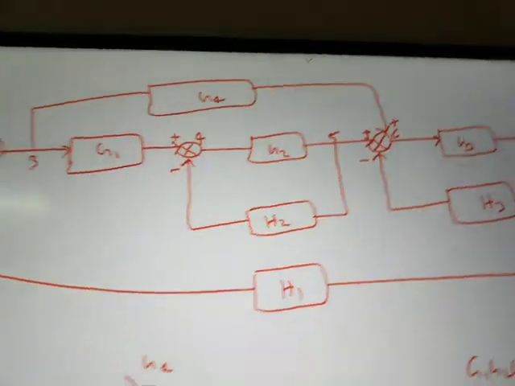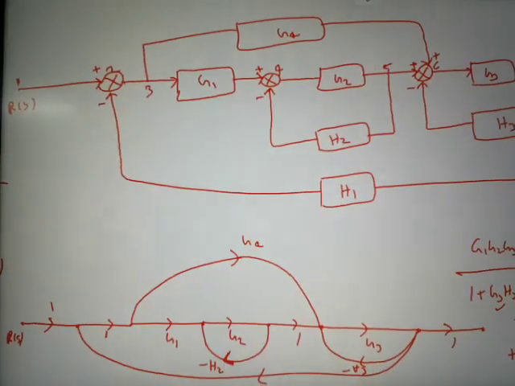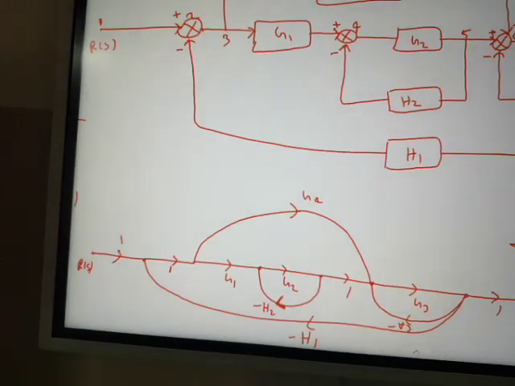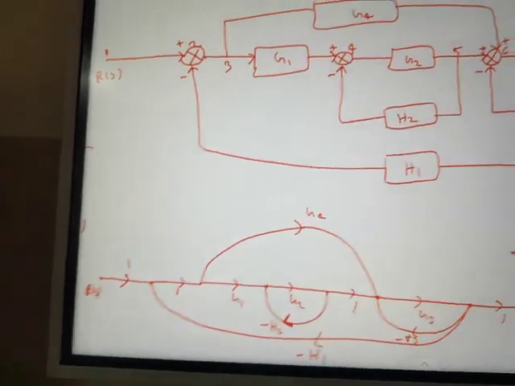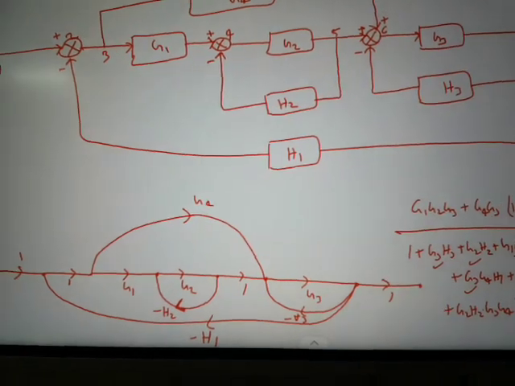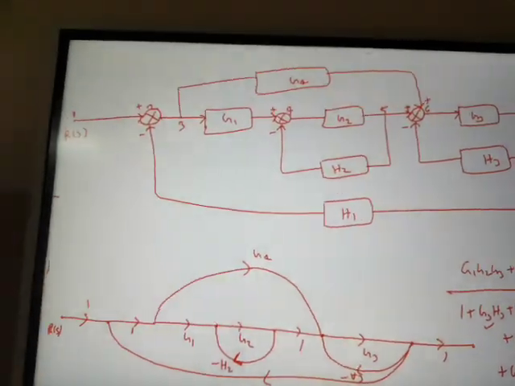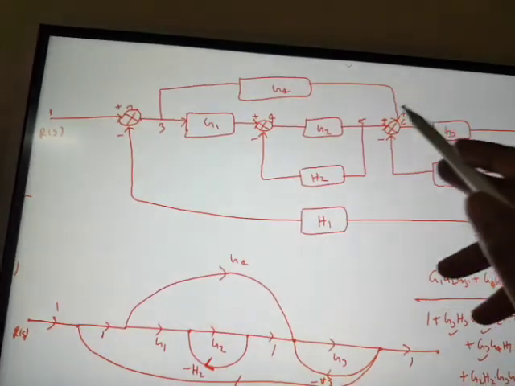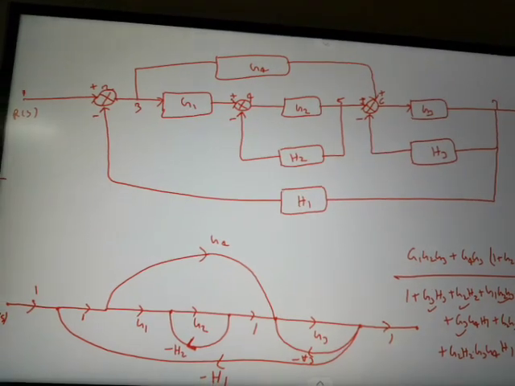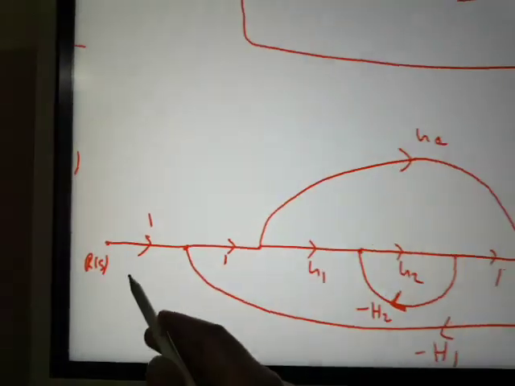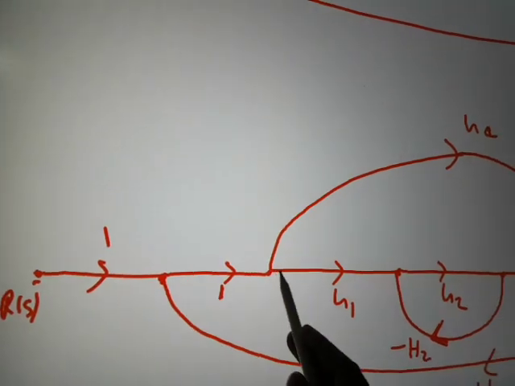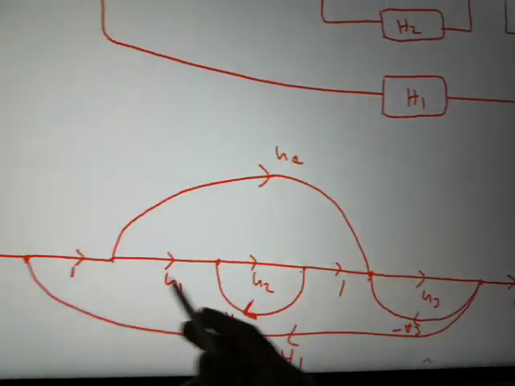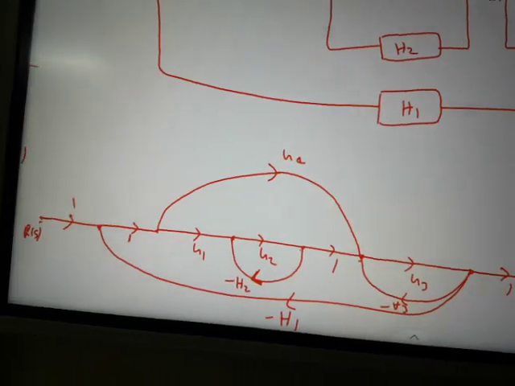First we have to find the nodes from the block diagram. Where more than two branches terminate, we put a node. A node is simply a connection. So we first draw the nodes, 1 through 8. All 8 nodes are drawn.